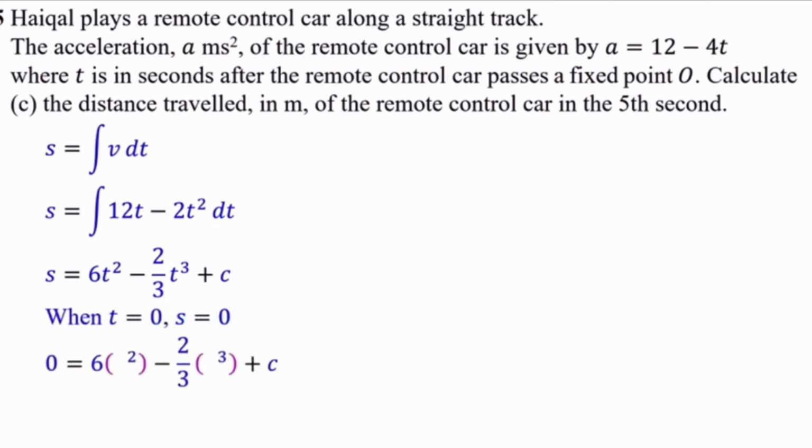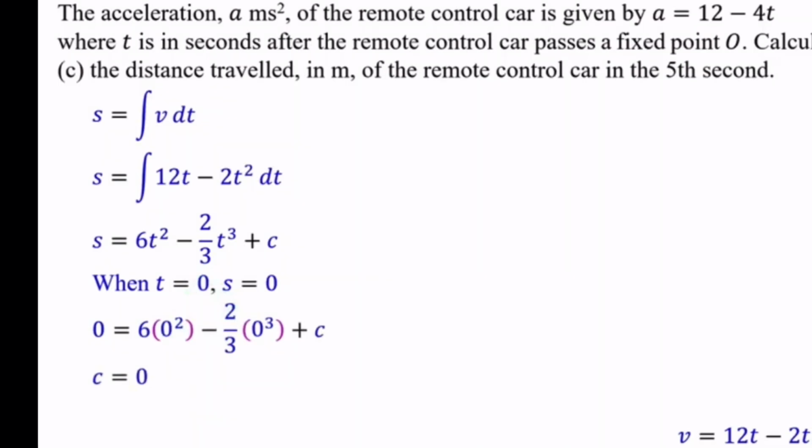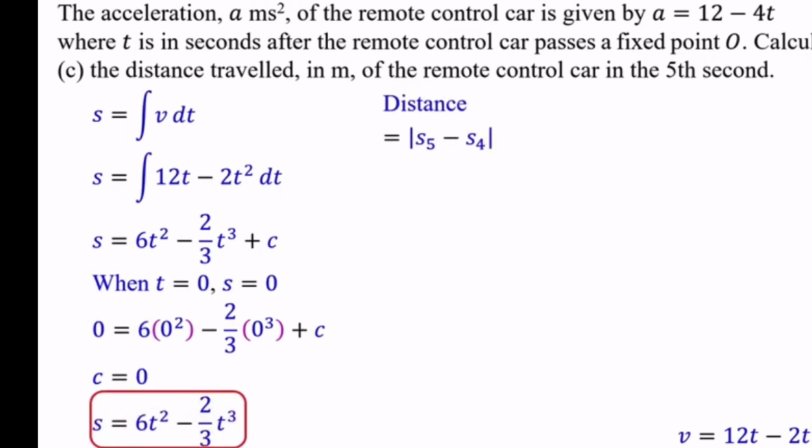When t is 0, the particle is at the fixed point, so c is 0. So hence we can say that the displacement function in terms of t is 6t squared minus 2 over 3 t cubed, right? So then with the displacement function, we can find the distance in the fifth second.